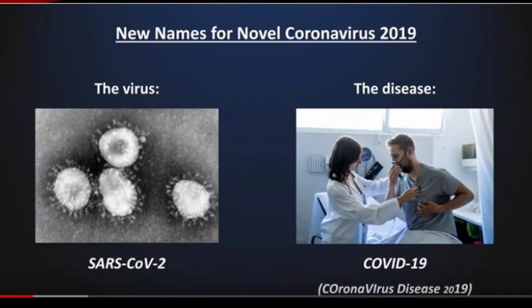The coronavirus is named SARS-CoV-2. And that was going to be the name of the disease as well, but the SARS part scared people so much that they changed the name to COVID-19. But you'll still see the virus described as SARS-CoV-2. And the SARS virus is very similar to the flu virus.